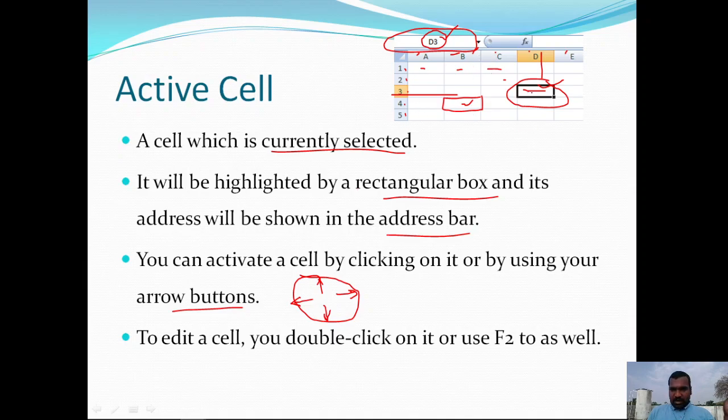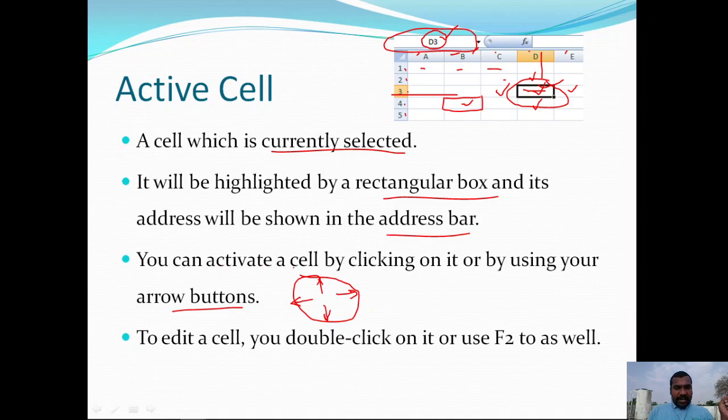For example, this one is the active cell. If you press the up arrow button, now this cell becomes the active one. If you press the down arrow button, this one becomes active, and likewise left and right. At a time only one cell acts as the active cell. The active cell is the one where we are going to enter the data.